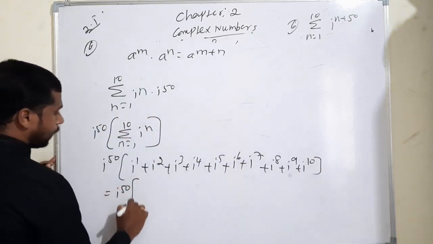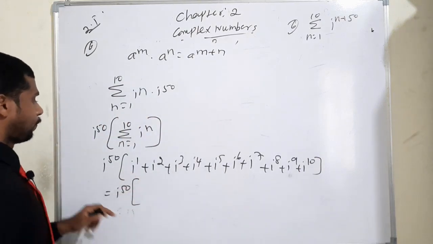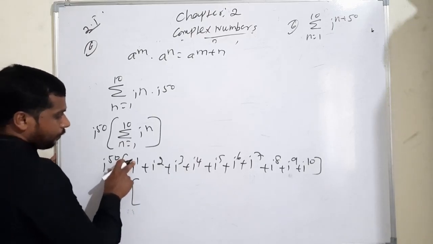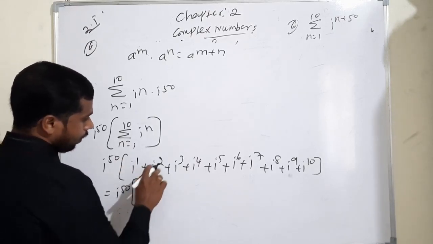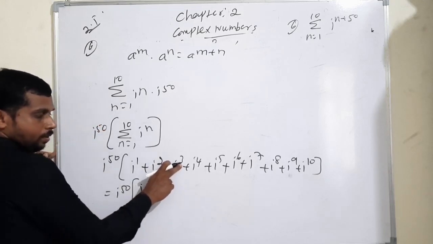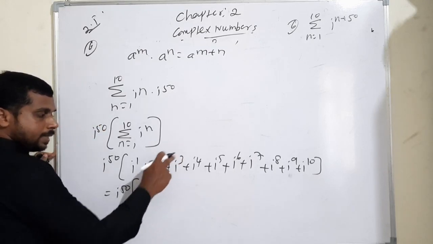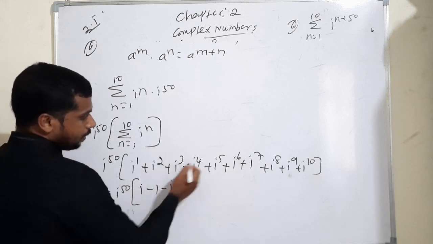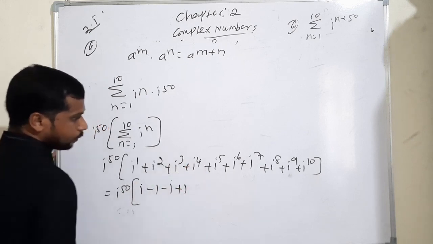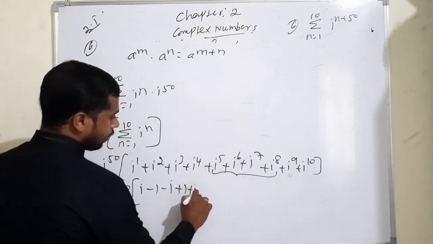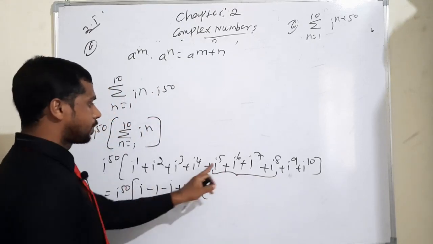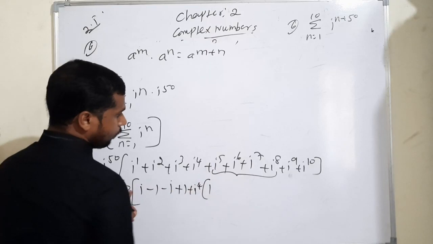Again I power 50 common outside. First 4 already we know. I power 1 means I will come. I square means minus 1. Next, I cube is minus I. I power 4 means automatically plus 1. Here I to the power 5 to I to the power 8: take I power 4 common outside, I power 1 means I will come.